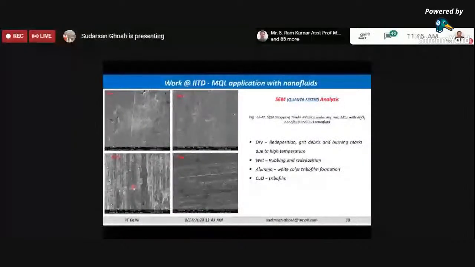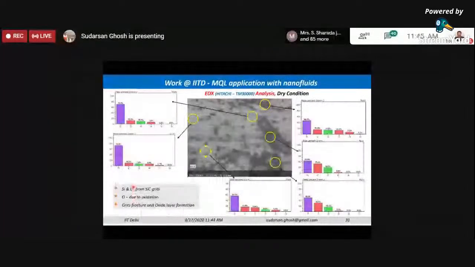grinding time progressed. Now we have done some EDAX analysis to confirm the presence of the oxide layer. So as you can see, for the dry condition, we have silicon and carbide, because we have used a silicon carbide conventional wheel, so we have obtained some silicon and carbide peaks in the EDAX also.